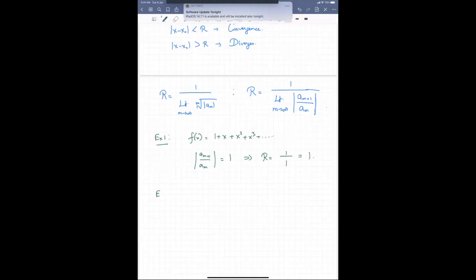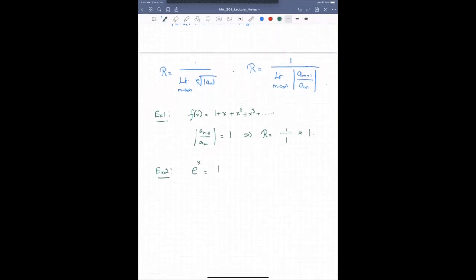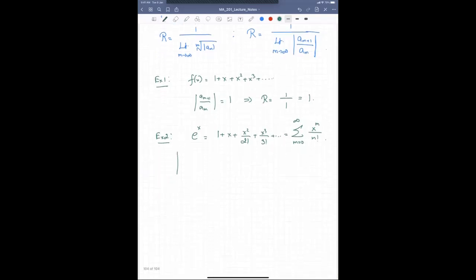Let us take a slightly non-trivial example. This is the exponential series. So what is this exponential series? This is basically 1 plus x plus x squared over 2 factorial, and so on and so forth. In this case, what is the ratio of the m plus 1th term over the mth term, the absolute modulus?